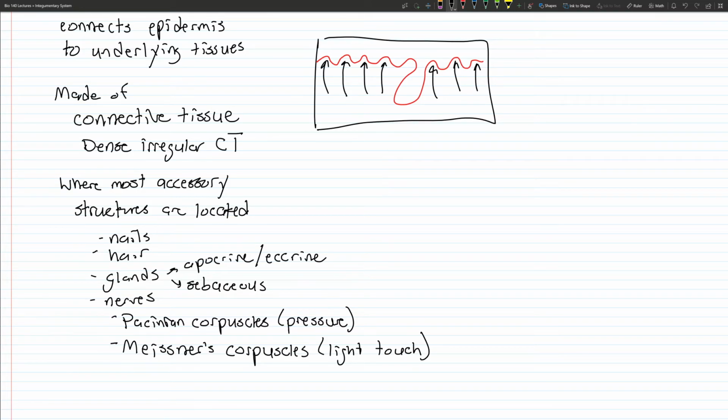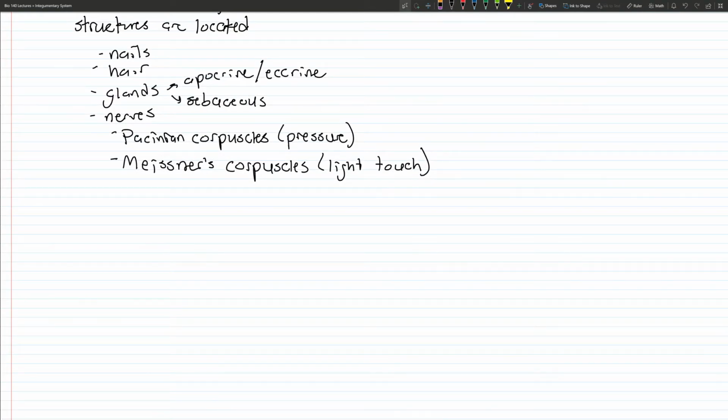All right, so the dermis. No, its thickness is about 1 to 2 millimeters.